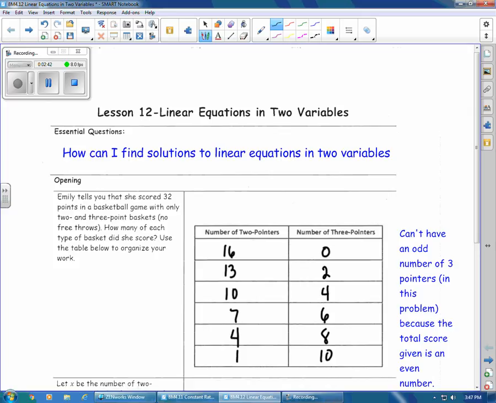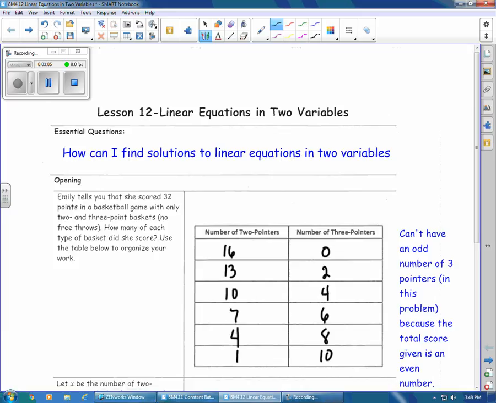Hopefully, the way I organize my data, yours may not be in order like this, and that's okay. I organize my data to be in order, and I logicked through it. I thought about 32, and if I divide 32 in half, I'll have 16, so the maximum number of 2-pointers Emily could have had was 16, which means she didn't score any 3-pointers.